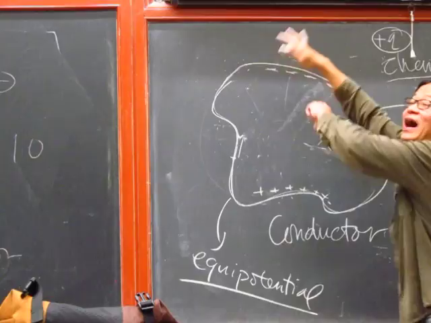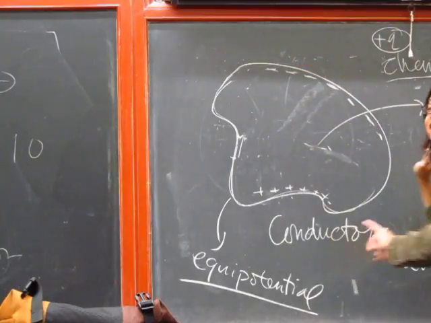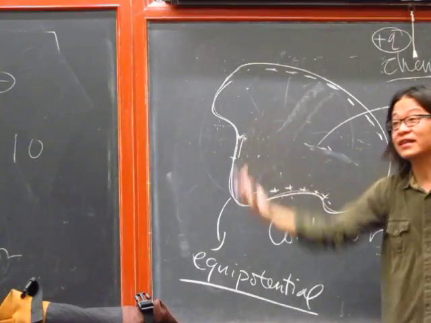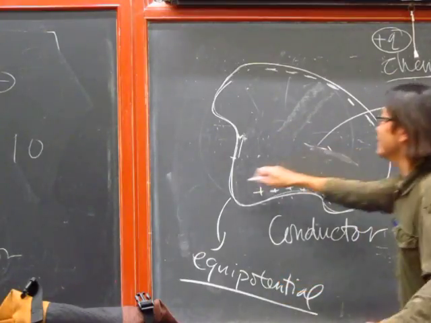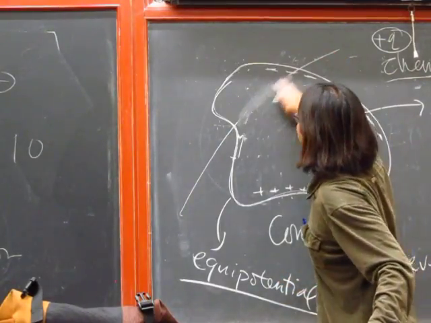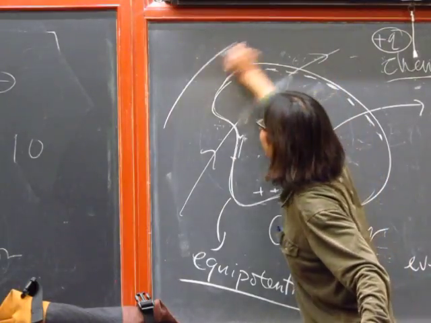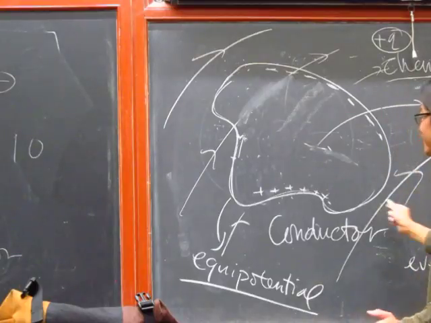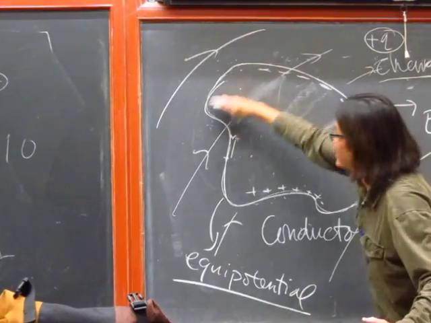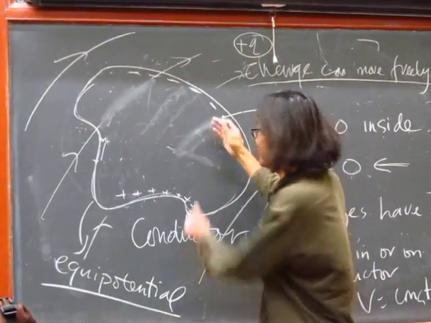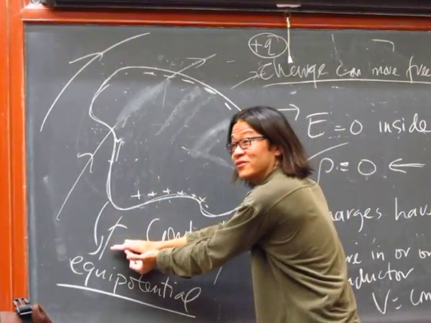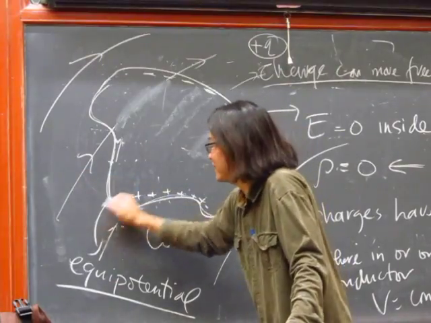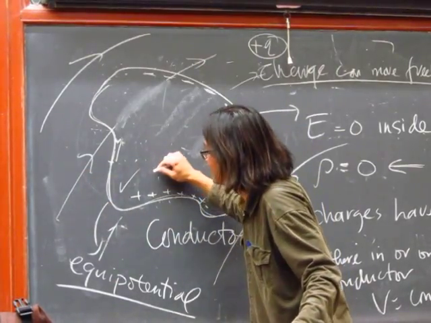There can be electric fields generated externally somehow. I can put a piece of metal inside an electric field. Then what happens inside this conductor is that the minus charges will migrate to this side, because they get attracted by a Coulomb force in that direction.